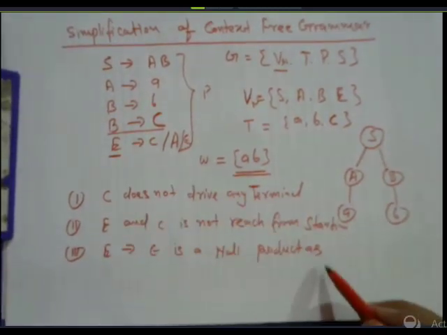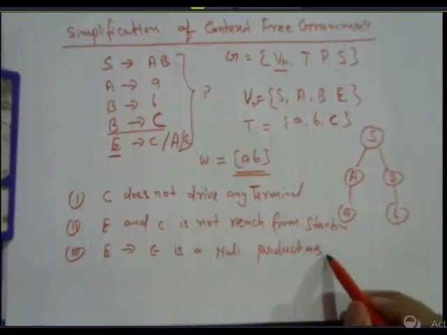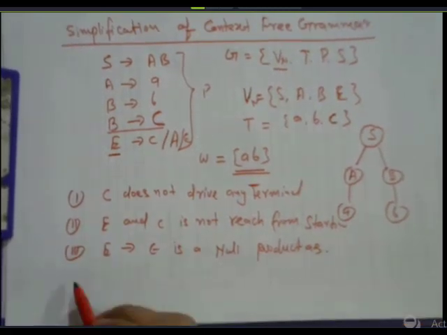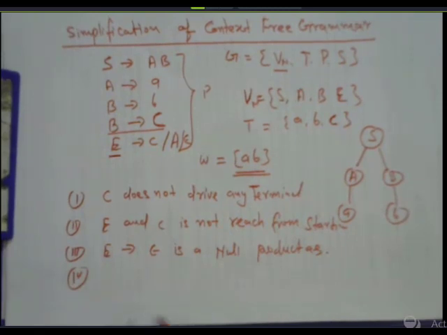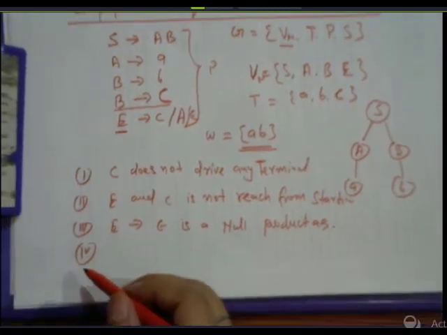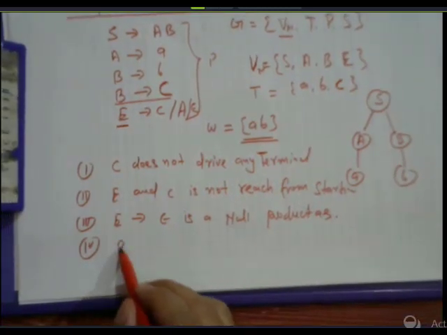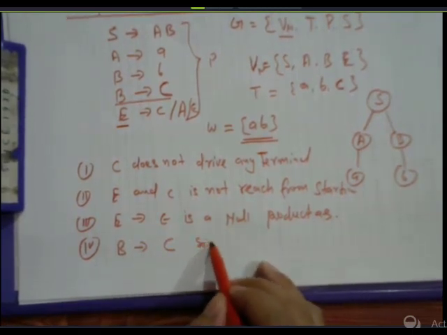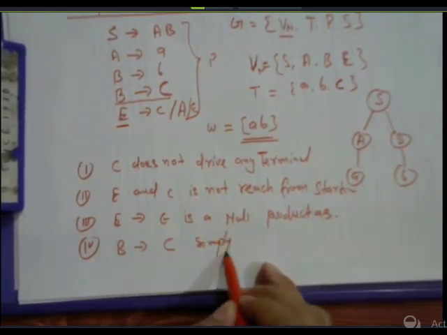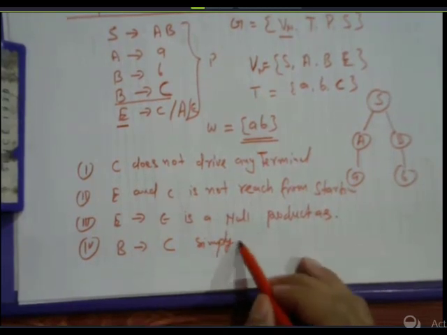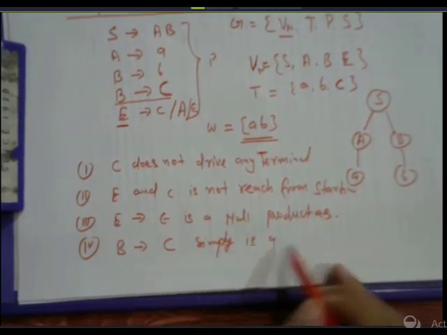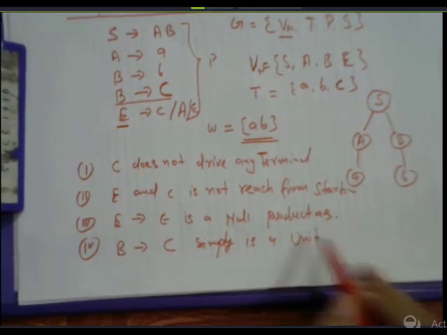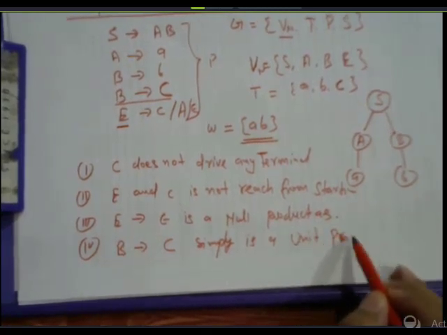Then there is a null production in the grammar. And last is B tends to C, which is simply a unit production.